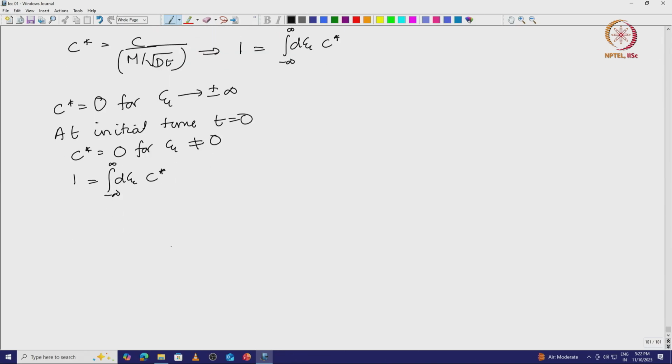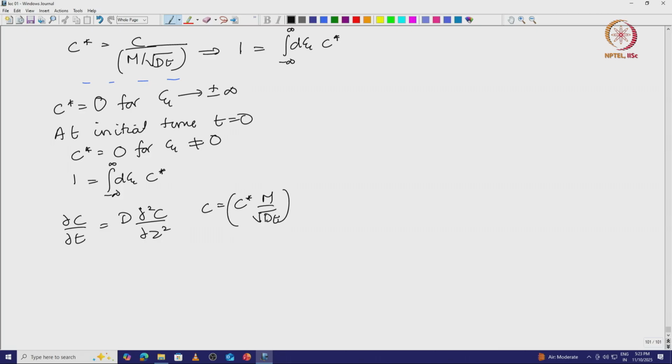1 is equal to integral minus infinity to infinity d psi times C star. And I have to solve the equation partial C by partial t is equal to d partial square C by partial z square. And I substitute from here, C is equal to C star into m by root dt. So, once again we differentiate by chain rule.